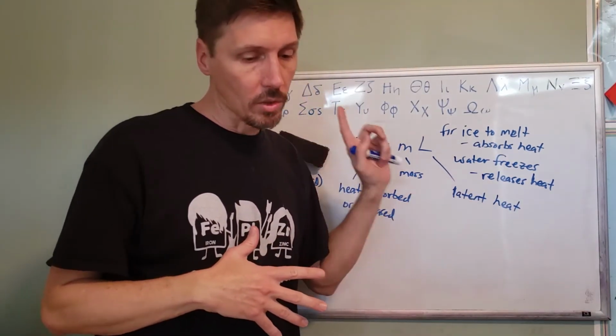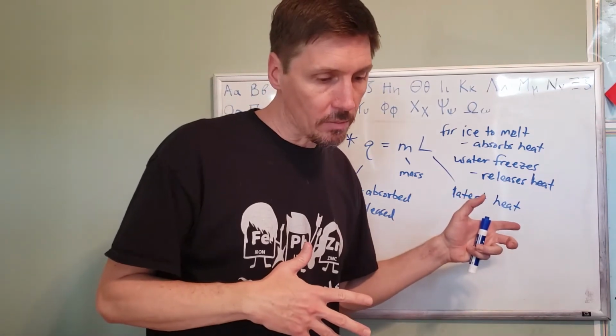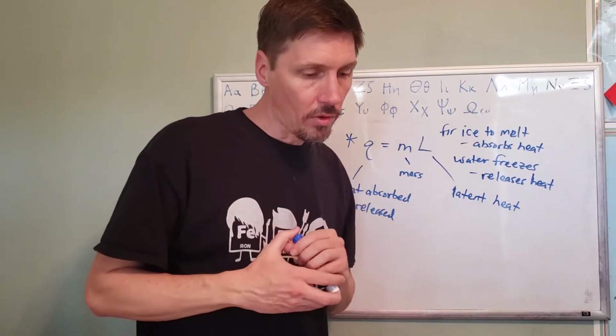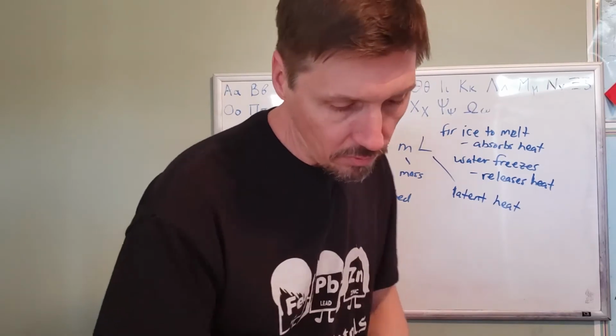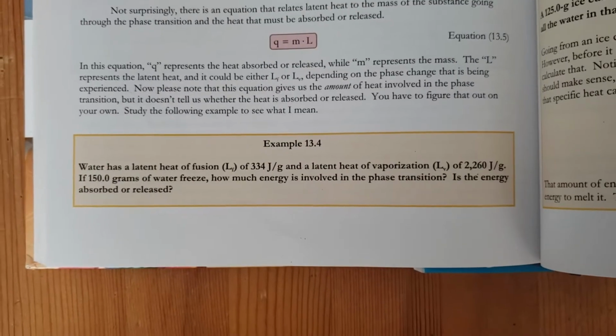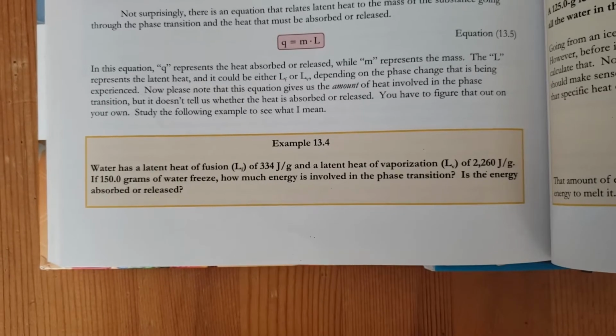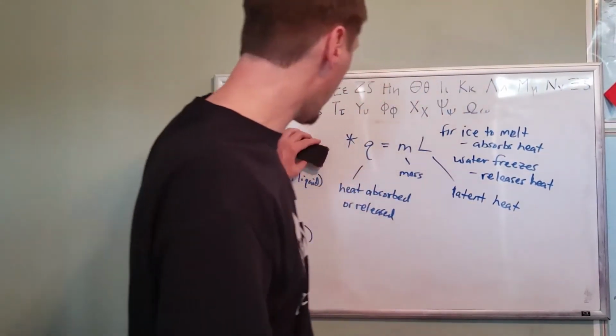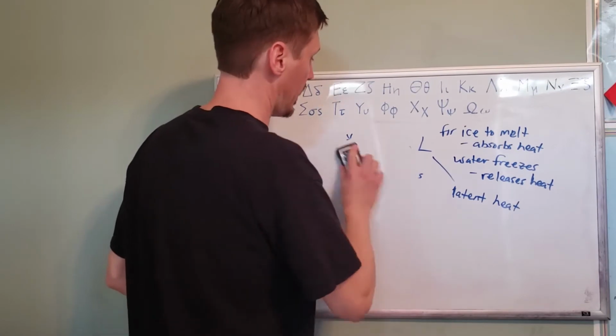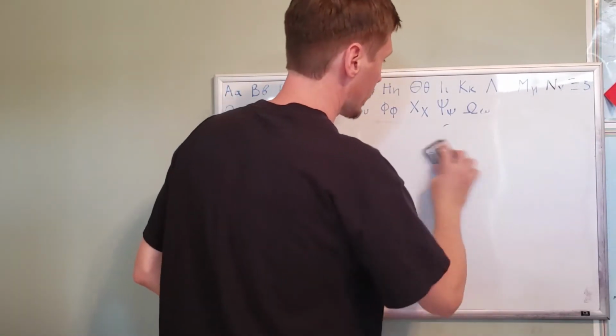Okay, so with all of that in mind, let's look at example 13.4, which is on page 404. This example is just a simple usage of this equation. Nothing very exciting, but let's at least go through that so that we'll know how to use this basic equation.